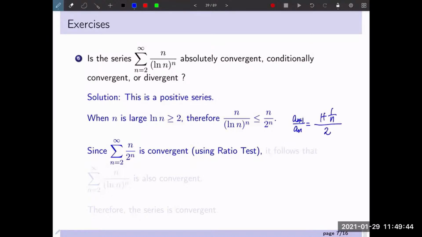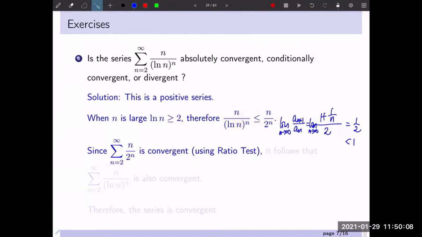And when you take the limit, you will get a half, which is smaller than 1, right? So for the bigger series, it's easier to use the ratio test, and you know that it is convergent. Therefore, the smaller series must also be convergent, right?